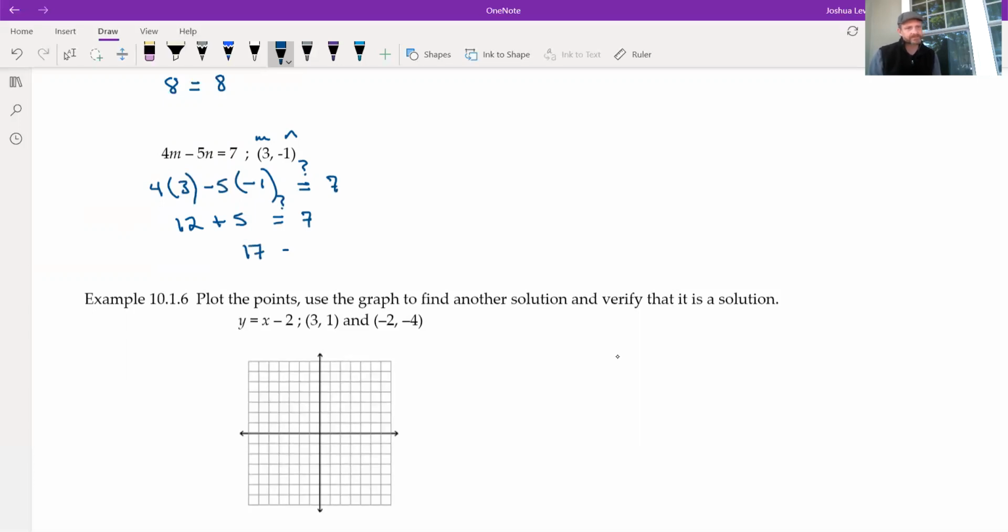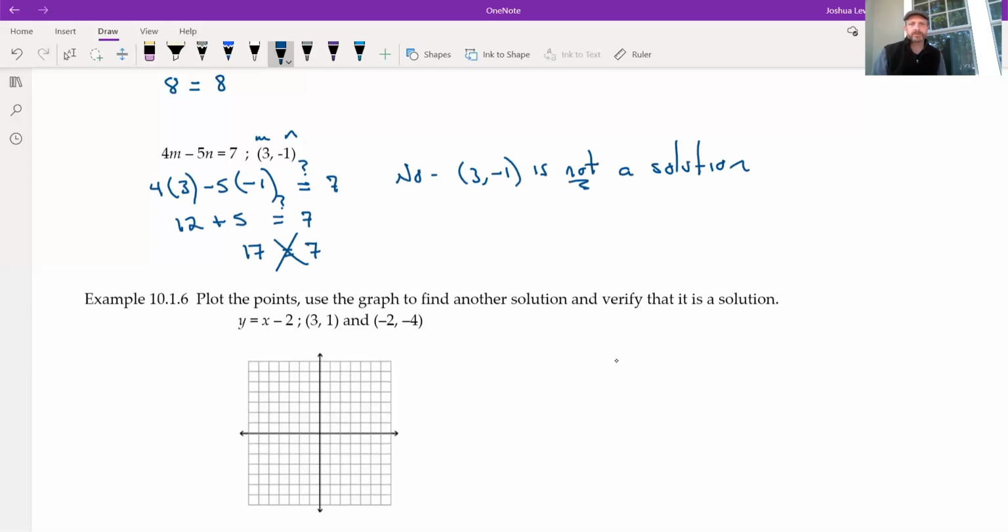It's 17. 17 equals 7? No. This is a crazy statement, right? 17, of course, is not equal to 7. So, no. (3, -1) is not a solution, okay?